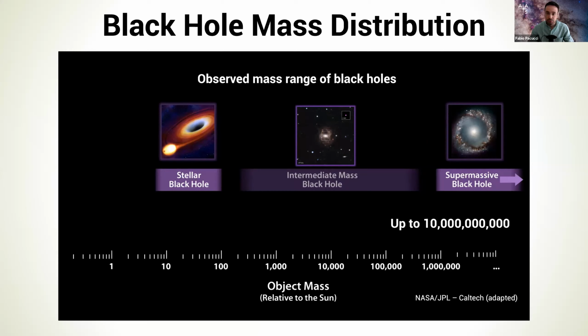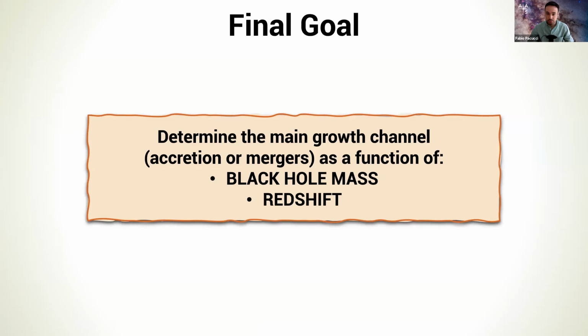In order to reach such a large variety of black hole masses, of course, black holes need to grow. So the final goal of our model was to determine the main growth channel, accretion or mergers, as a function of the black hole mass and as a function of redshift.